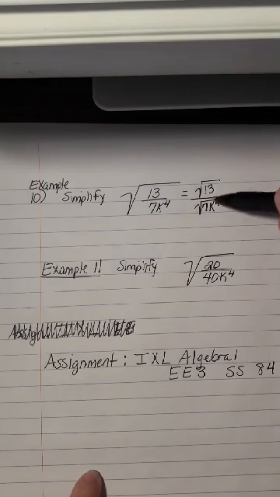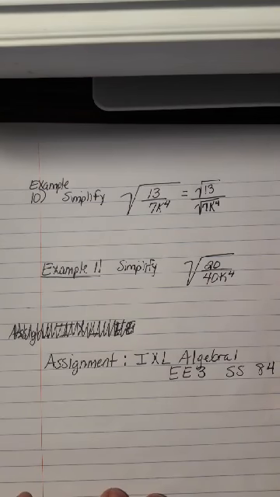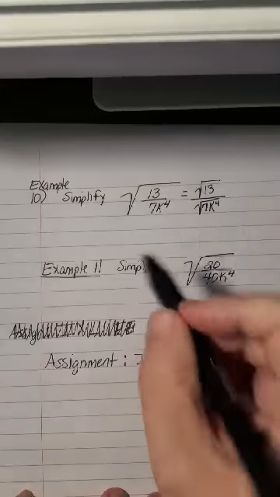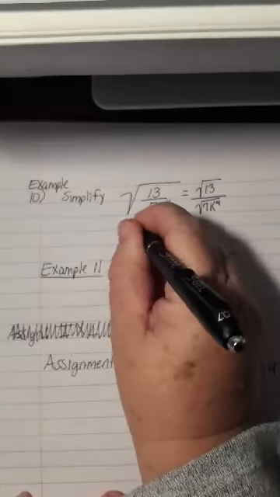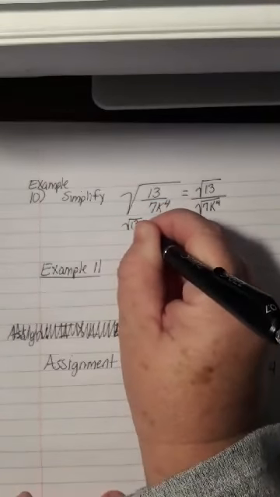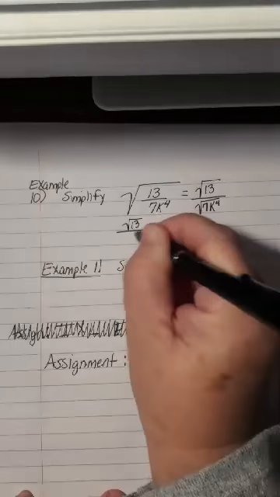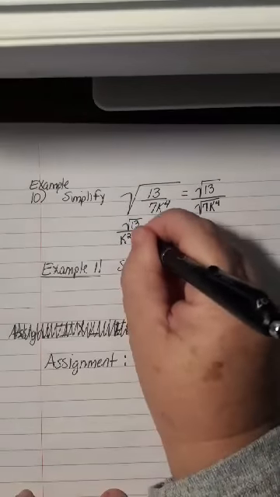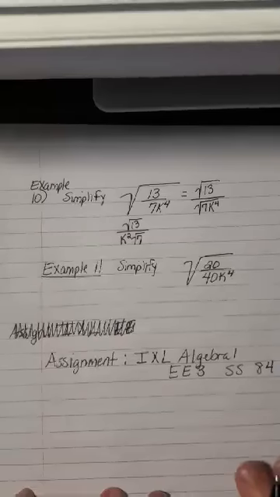Now, out of all of those under the square root, the only thing that's a perfect square is the k to the 4th, because that's an even exponent. So that comes out as k to the 2nd. So you're going to be left with the square root of 13 over your k to the 2nd on the outside of the square root of 7.